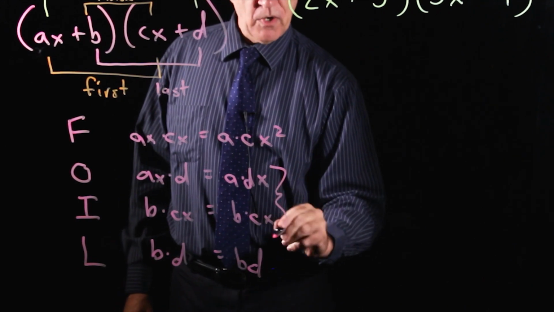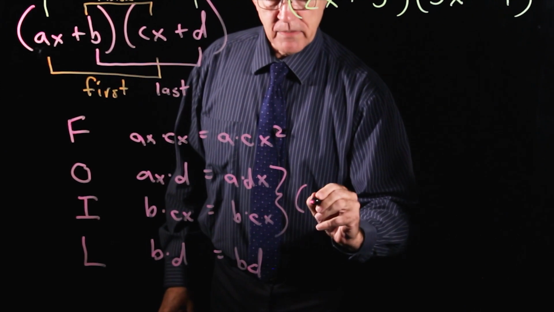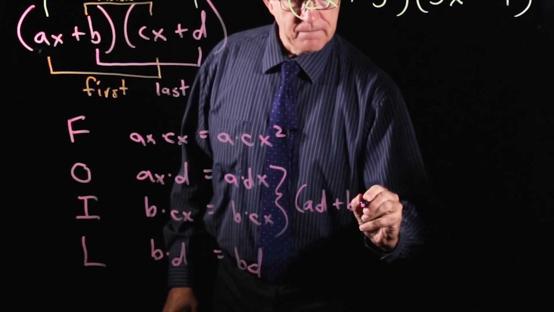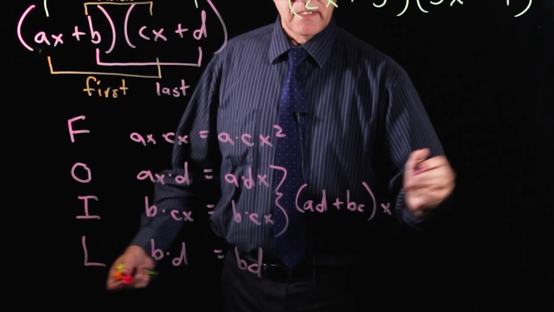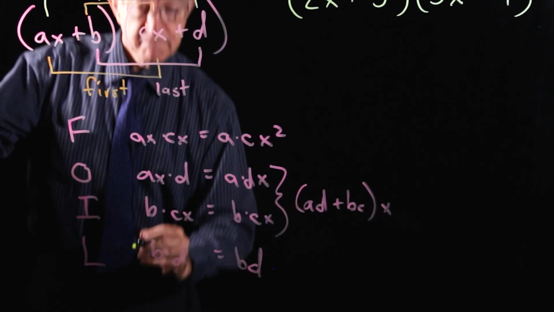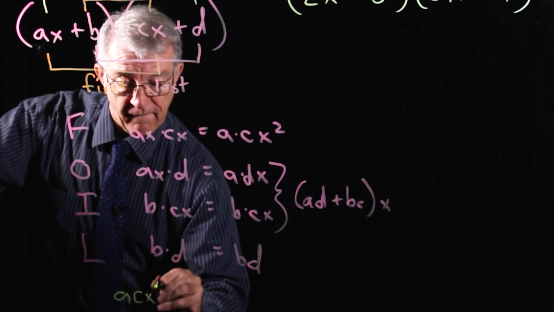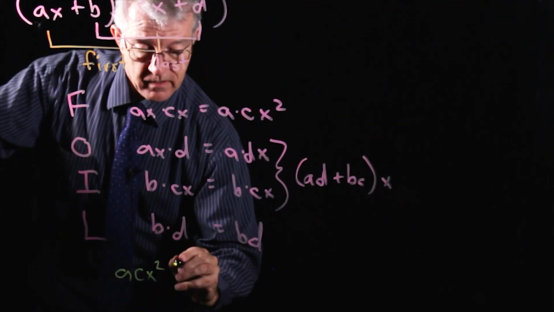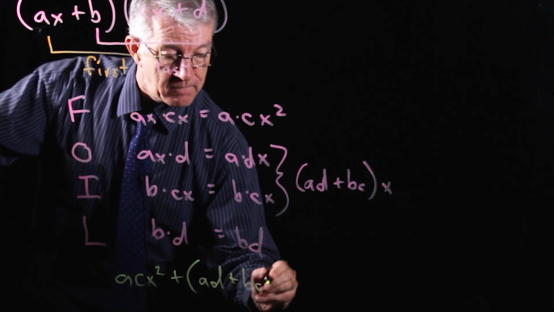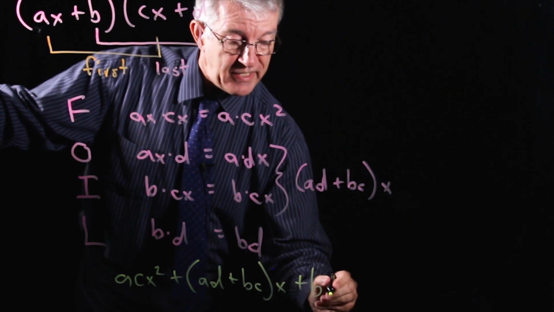So these two, both being X, we can combine them, and this is using the distributive property: AD plus BC times X. And if we wanted to write the entire solution, it would be ACX squared plus the AD plus BC X plus BD.